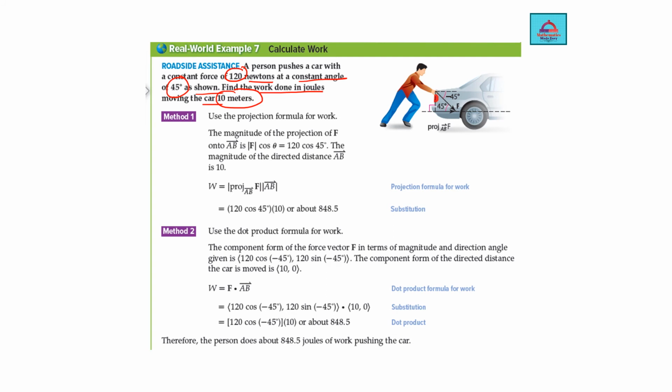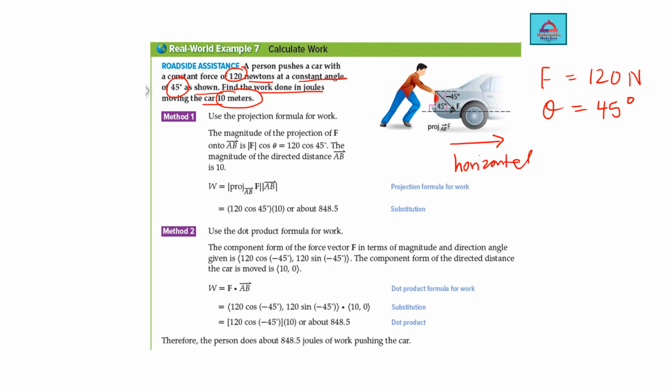Okay, so you look at the figure first. There's a person here moving the car. So the force is applied here, and the force is applied at a constant angle of 45 degrees. So how much is the force? The force is given to you, 120 newtons. What is the angle? It is given to you, 45 degrees. And then the car is moving 10 meters. So if you see carefully, the car is moving only along the horizontal, so there's no vertical component.